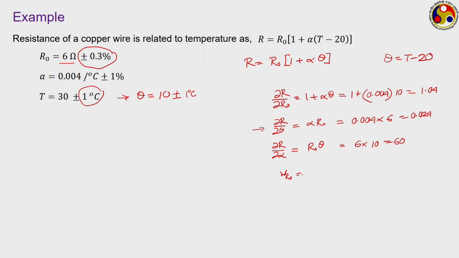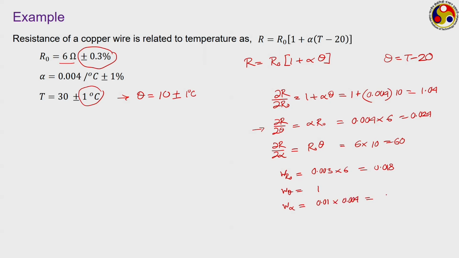Now, W corresponding to R naught is 0.003, which we calculated earlier, to be equal to 0.018. W corresponding to theta is equal to 1, because it is an absolute value that is given. W corresponding to alpha is given as 0.01, that is 1% of the value, 0.004.